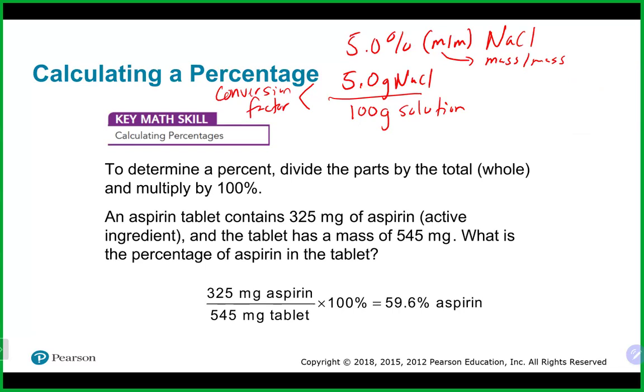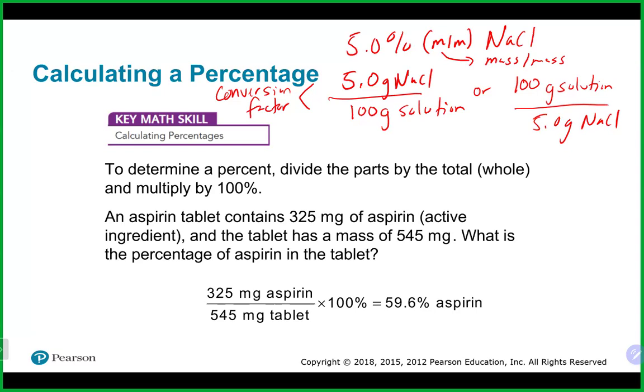In a fraction, you have a numerator and a denominator, top and bottom, and you could flip them around as well. So we could also say, in 100 grams of this solution, there is 5 grams of sodium chloride. So these are two conversion factors that we could get from a percentage that we could use in a calculation.